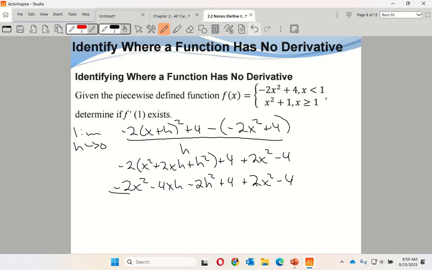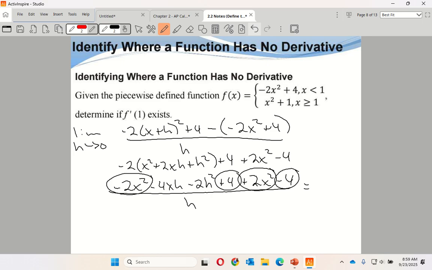And again, all this is over my h. Let's see, my negative 2x squared and my positive 2x squared cancel, my negative 4 and my positive 4 cancel. So I should have h's.